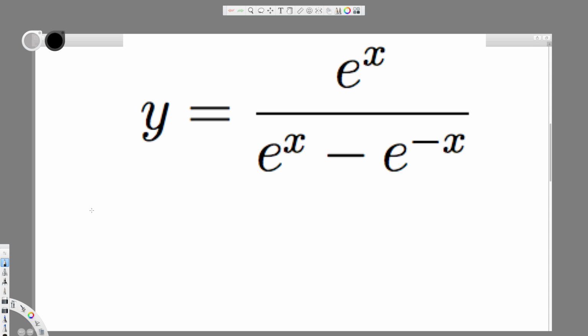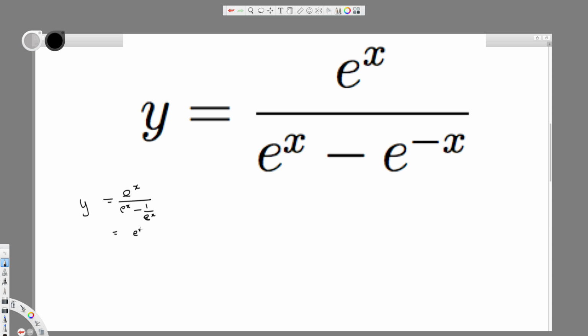If you see something like that, it's better to bring it into a simple form, like y is equal to... What we can do is, e^x, so I can write 1 over e^x, right? This one, e to the power of negative x, is 1 over e^x. If I take a common denominator, it's going to be e^2x.